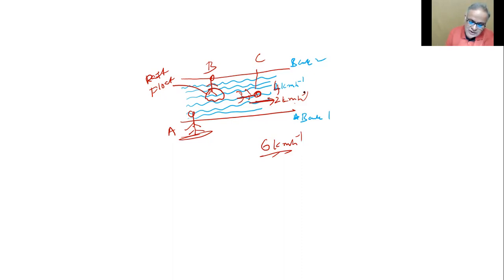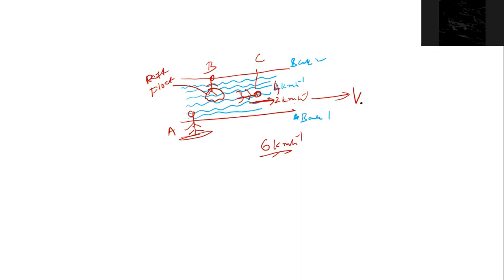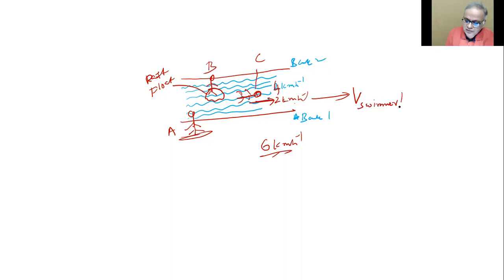So now, what is this velocity called, children? In general, velocity of the swimmer with respect to the river. But only swimmer and river should not be applied, so I should make it general. What is that?